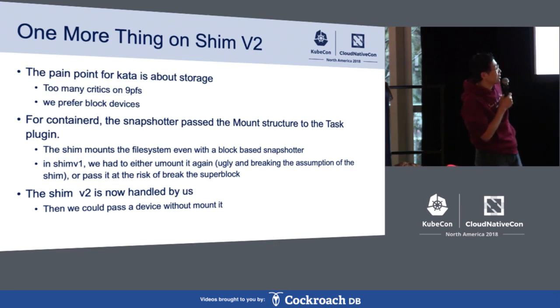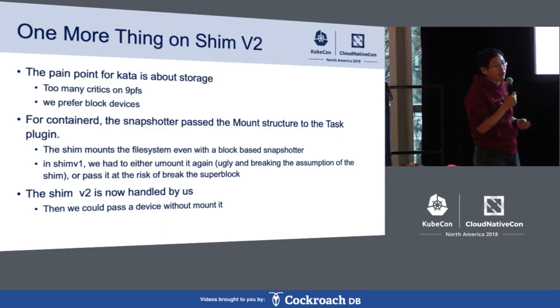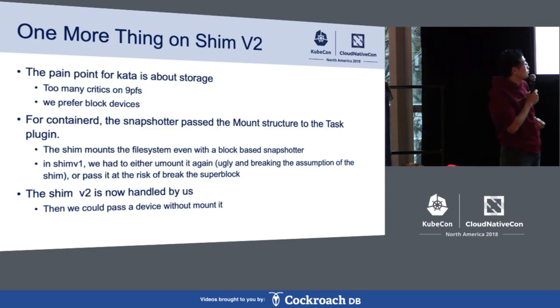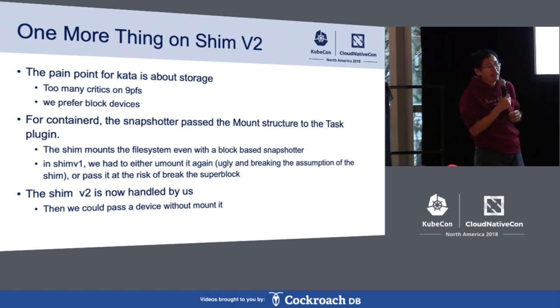That looks very ugly, and sometimes the host itself assumes the shim has mounted it, so they break some assumptions and maybe lead to some problems. But if you don't unmount it and just pass the block device, then both the host and the guest have write access to the file system, and this may break the superblock of the file system.